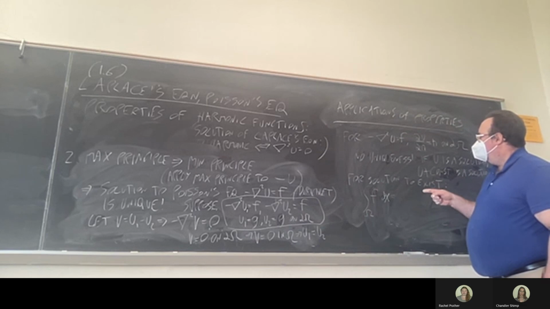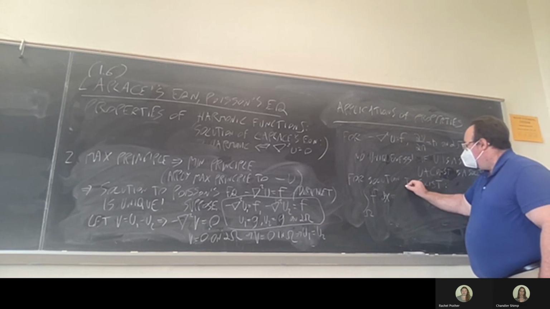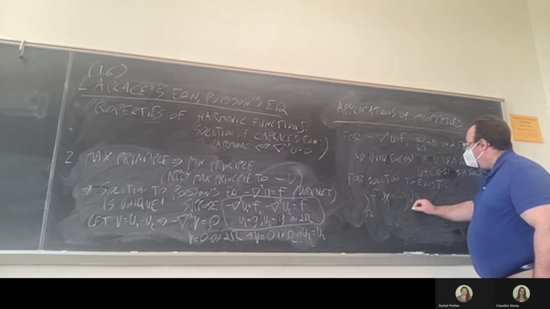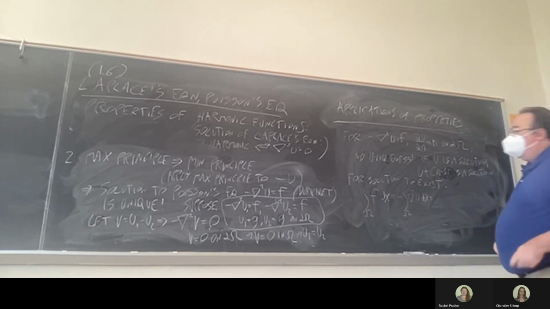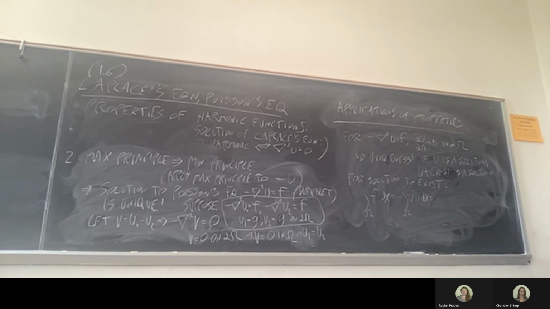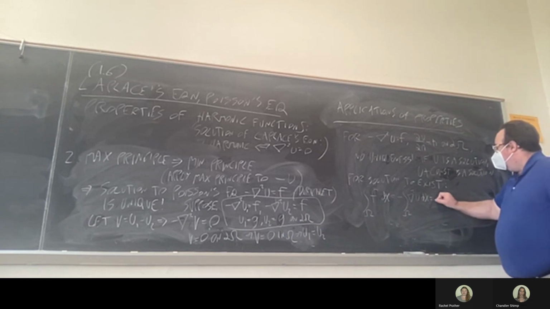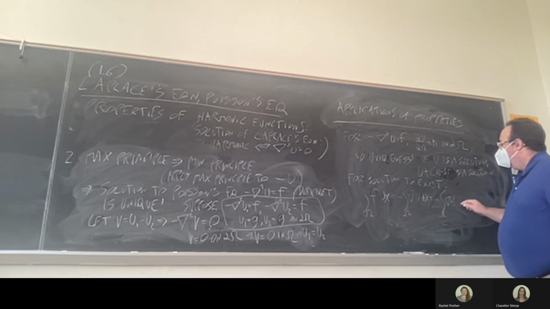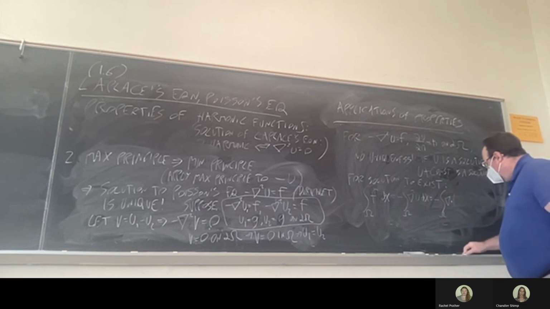Well, that would be equal to the integral of minus Laplacian of u. But the Laplacian is equal to, by definition, the divergence. The Laplacian is equal to the divergence of the gradient.